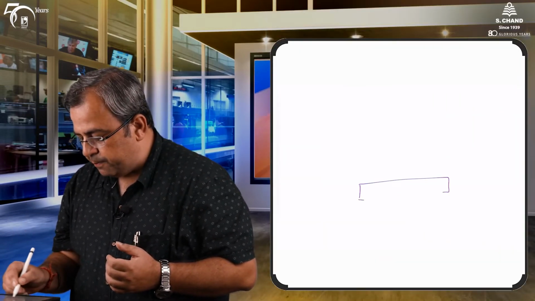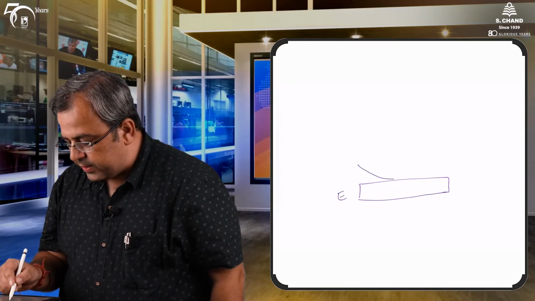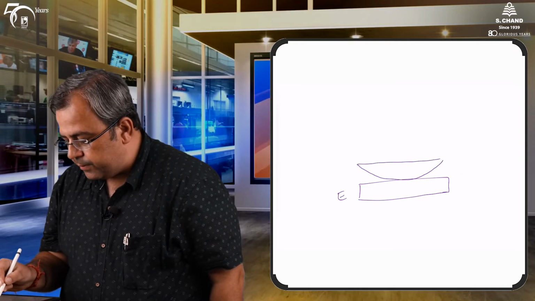When you put the plane glass plate like this, and I put my hand like this, let us discuss where exactly the wedge-shaped film is in this case. This is a plane glass plate, suppose we mention it as E, and the plano-convex lens is placed on it.